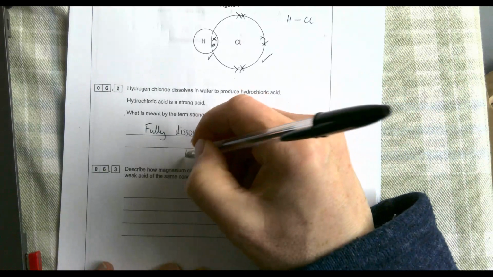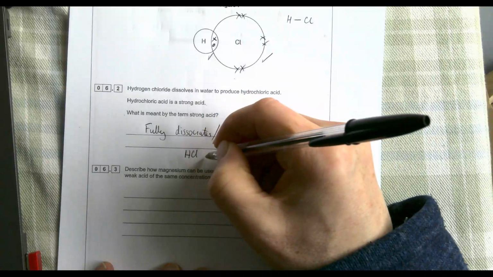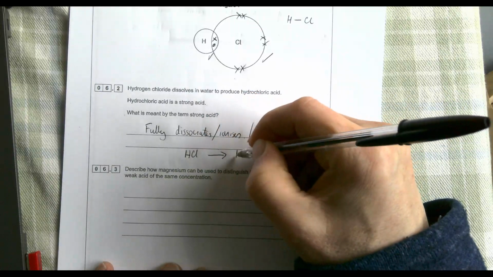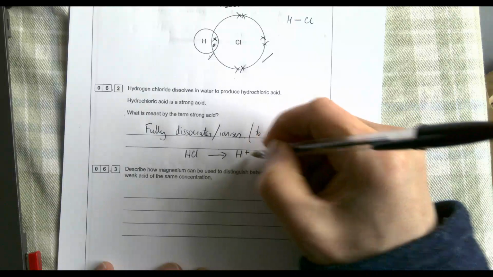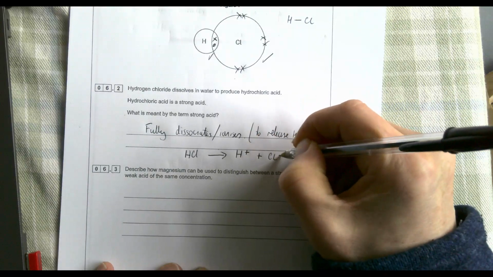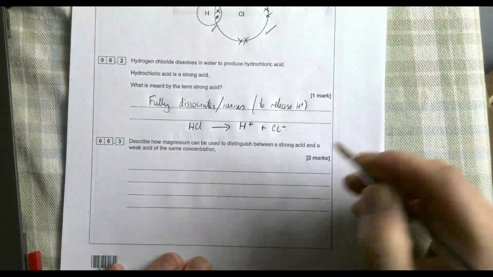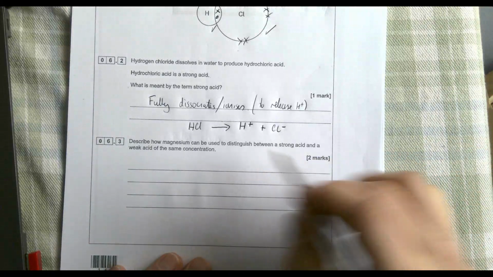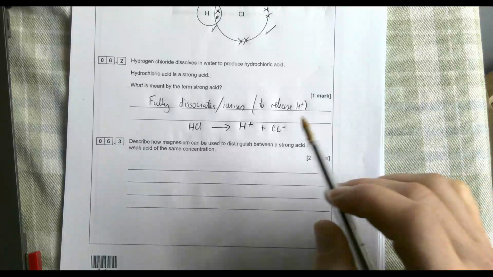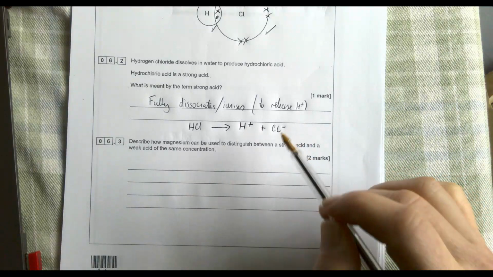You don't need this for the mark, but you've got HCl, and when you put it in water, it fully breaks apart into H plus and Cl minus. And that's different to a weak acid. Weak acids only partially dissociate. You've got an equilibrium set up with a tiny bit of H plus on one side and the acid on the other side.